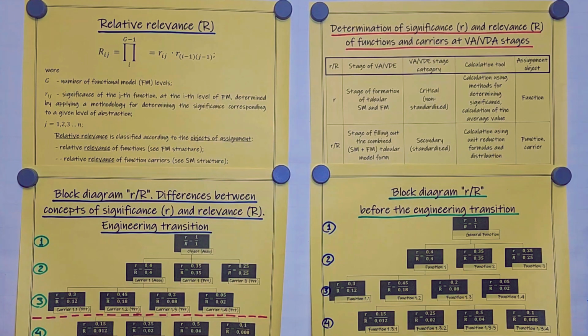The definition of significance and relevance from the point of view of practical implementation, in practical cases, from the applied rather than theoretical point of view, can be presented in the form of a comparative table. From the table, we see that the determination of significance and relevance is performed in 2 stages.